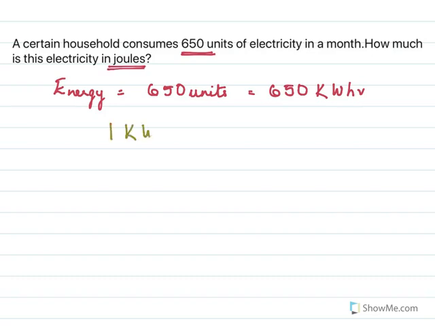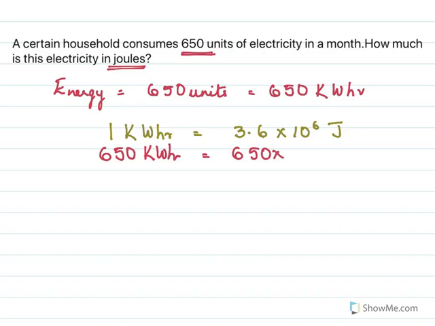We know 1 kilowatt hour is equal to 3.6 into 10 raised to power 6 joules. And here I have 650 kilowatt hour, which will be equal to 650 into 3.6 into 10 raised to 6 joules.